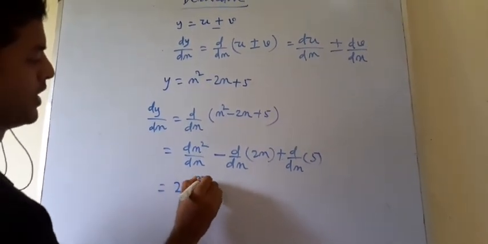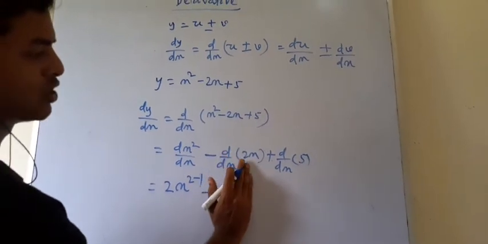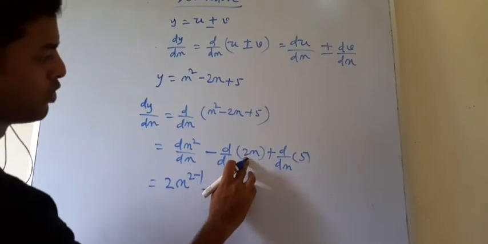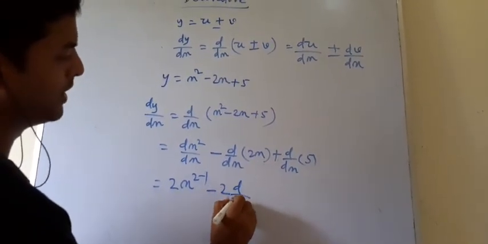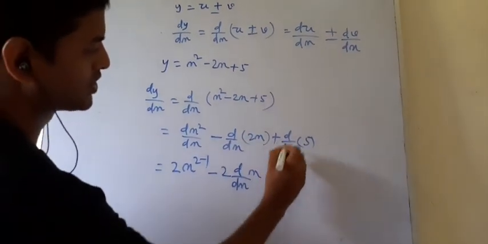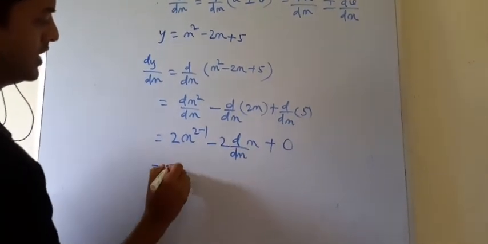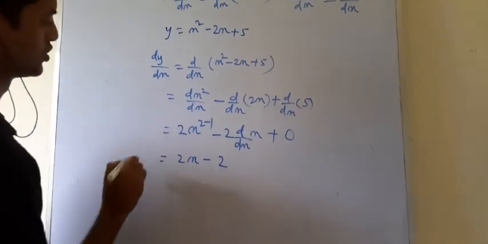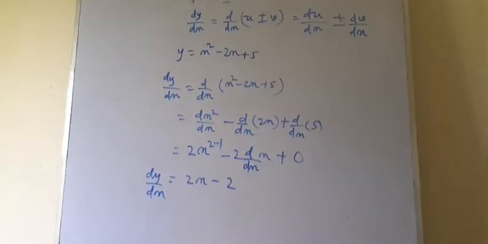Look, if it were d by dx of 2, the answer would be 0, but it is 2x. So it is some constant into some variable, and the constant will be taken outside. Now d by dx of x, with 2 taken outside, is dx by dx. Plus, the derivative of a constant quantity is always 0 because 5 is a constant quantity. This will be 2x minus dx by dx, which is 1. So 2x minus 2. So dy by dx is 2x minus 2.